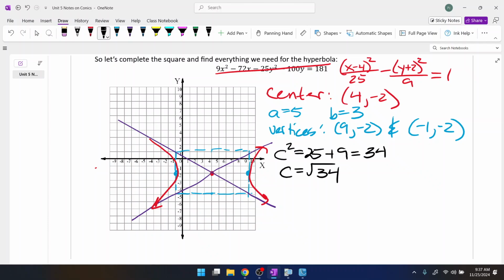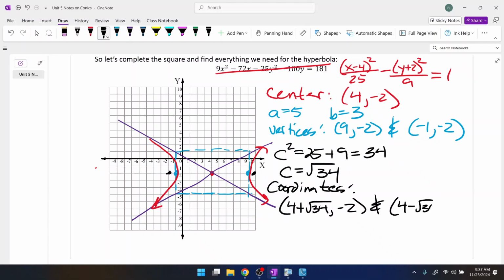But if you notice, if this is 5 units here, 5.8 puts us right about here. And then 5.8 puts us right about here. But the coordinates are literally going to be 4 plus root 34, negative 2, and 4 minus root 34, negative 2.